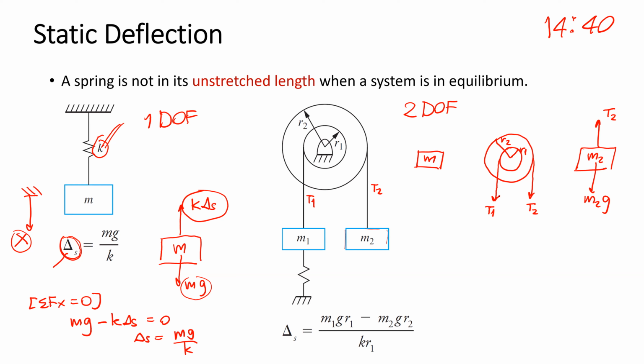And for the mass M1, again, in this case, I'm gonna select x1 as the coordinate to describe the system.